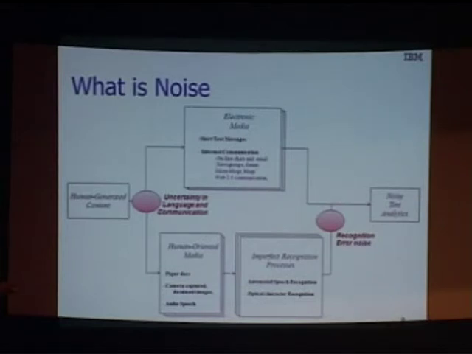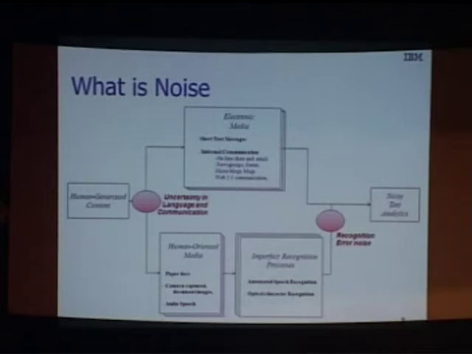Now, some of this is human oriented, some of it is electronic. Of course, a lot of it is human oriented, but some of this is paper documents, some of it is audio speech. So there you have a lot of the modeling noise. If your speech recognizer's accuracy is 60%, then that is introducing errors into the transcription process.